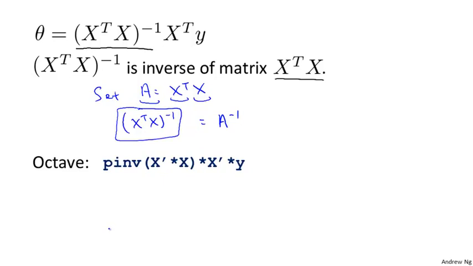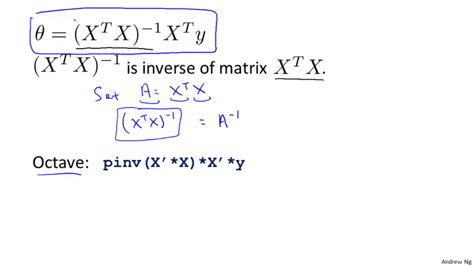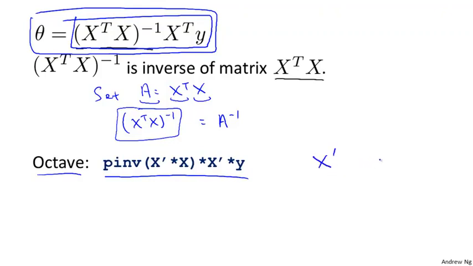We haven't yet talked about Octave. We'll do so in a later set of videos, but in the Octave programming language, and similarly in the MATLAB programming language, the command to compute this quantity, X transpose X inverse times X transpose Y, is as follows. In Octave, X prime is the notation that you use to denote X transpose.